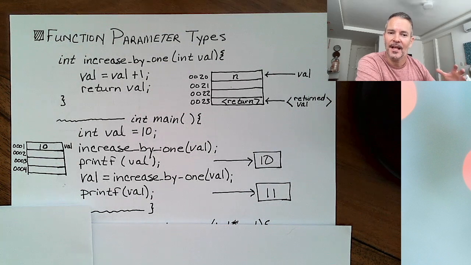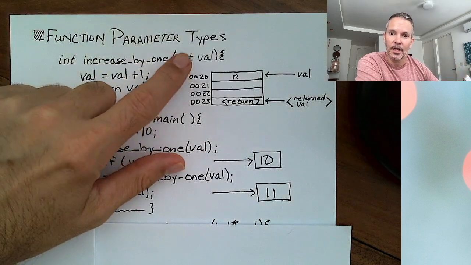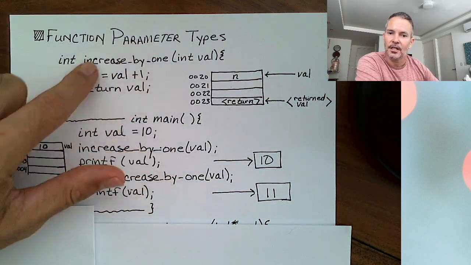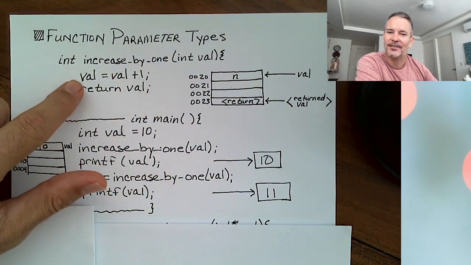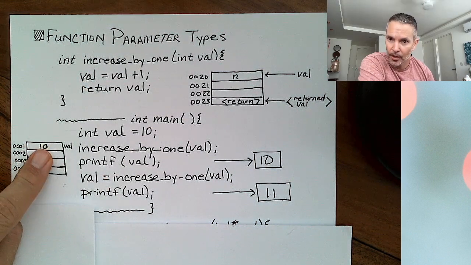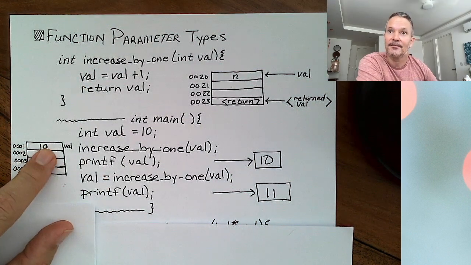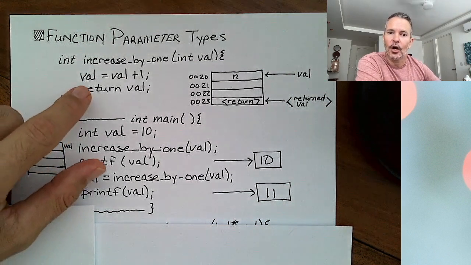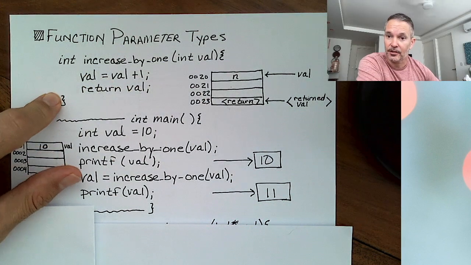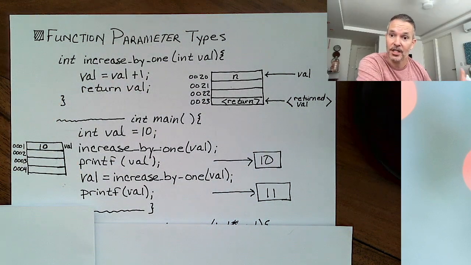It means the values of the arguments are available to the function, but you're not actually giving the function access to the main memory that was in the main function. You are just copying these values into special memory that the function can use. And then when the function's done, that memory is gone.